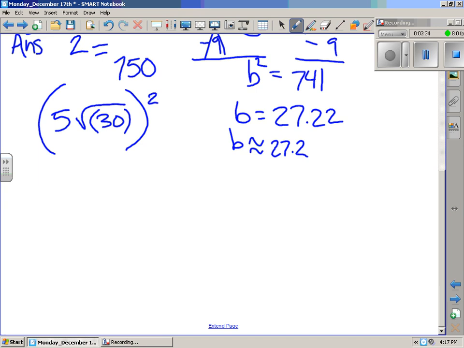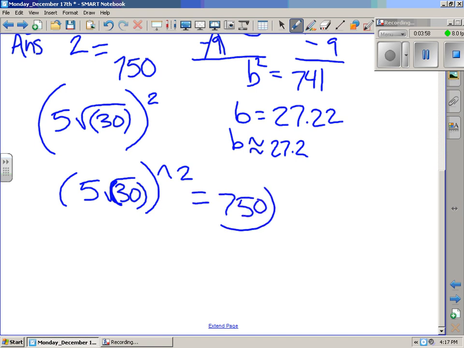So in the calculator, I type in parentheses, 5, then I type in square root of 30, and automatically they're going to put in this parentheses here, which means you need to end that parentheses, put in another parentheses, and then caret and your 2. And the caret is right below the clear sign, which is below the blue arrows. And this will give you 750.